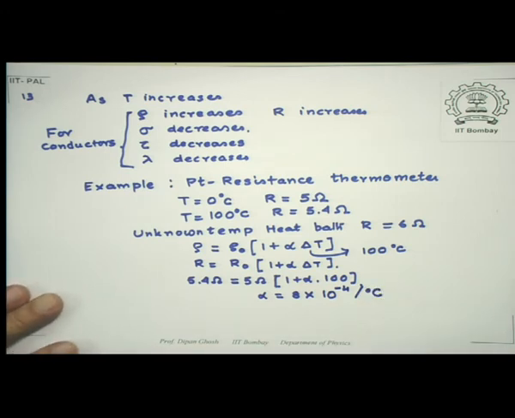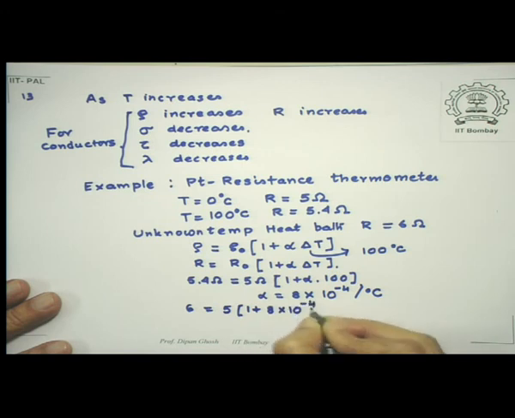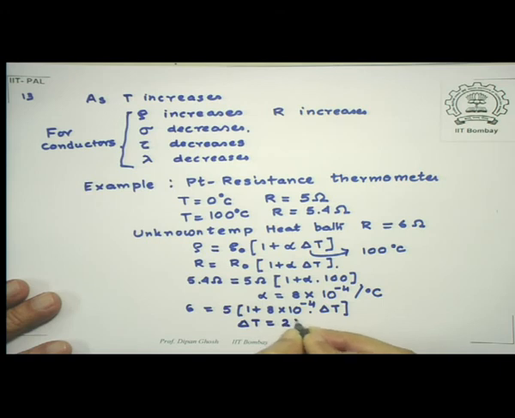Now I substitute in this equation, R equal to R0 into 1 plus alpha delta T, and if R is taken to be 6 ohms, I have 6 is equal to 5 into 1 plus 8 into 10 to the power minus 4, that's alpha, times delta T, this is the new delta T. And if you solve for this, I get delta T equal to 250 degrees centigrade.